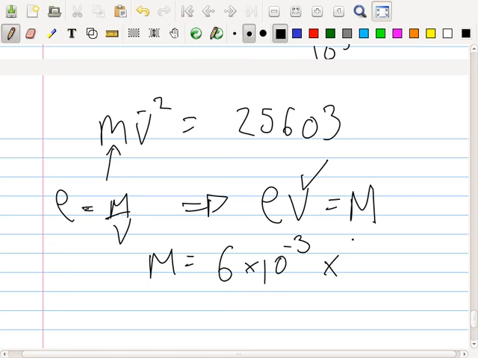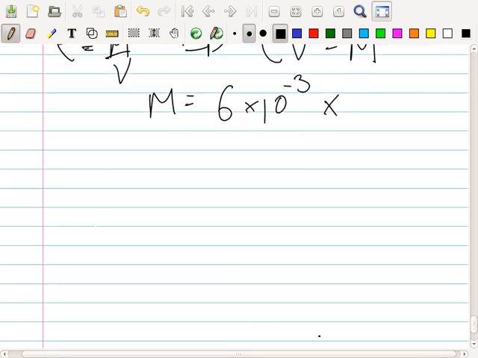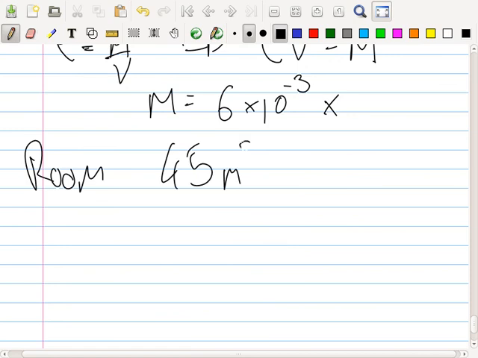Can you check the density of air, please, Jing Dong? It should be something quite small. Air's not that dense. Well, actually, we have it from earlier, don't we? Our room was 45 meters cubed.